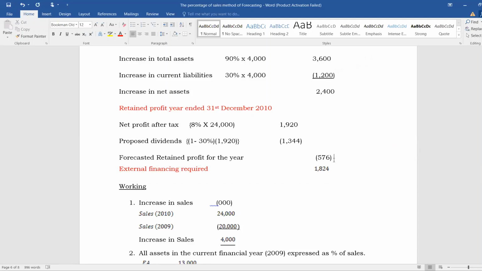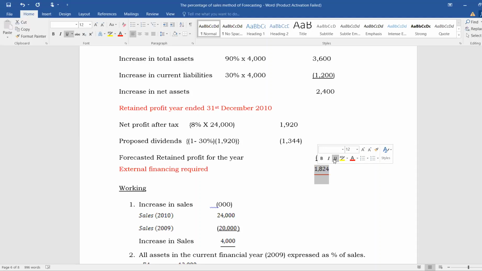If you take 2,400 minus 576, what shortfall do you have? 1,824. That is 1.824 million. That is what they still want now, which we are told will come from where? External financing. Oh no, long-term debt.